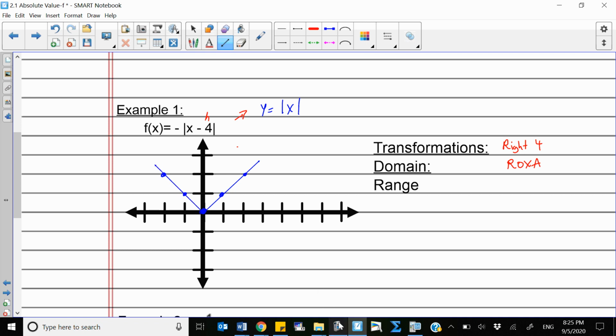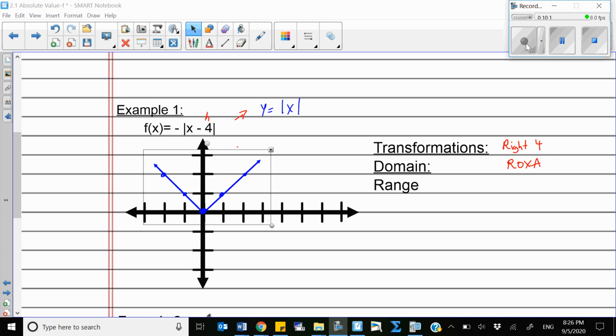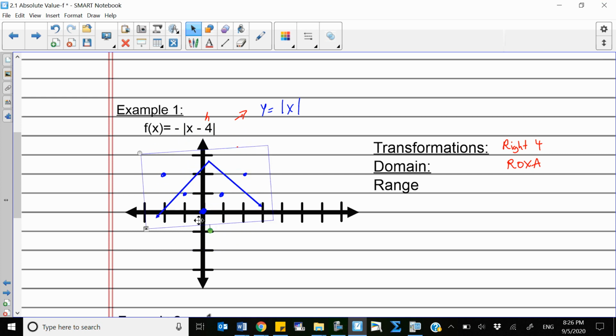Based on the transformations that we see here, this function should be moved right 4 and reflected over the x-axis. So I'm going to reflect it over the x-axis, and so this is the reflection over the x-axis and moved 4 to the right: 1, 2, 3, and 4. So this should be the transformed function.